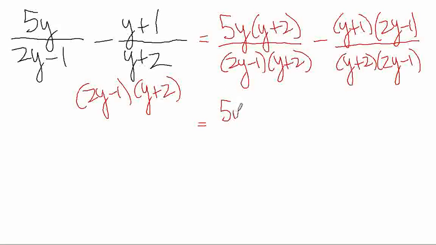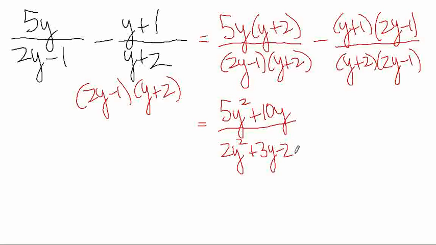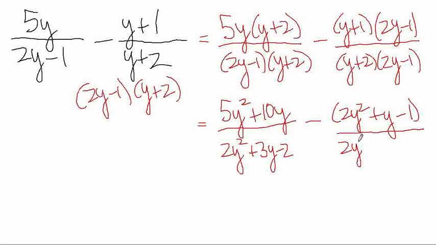So 5y squared plus 10y all over 2y squared plus 3y minus 2, minus (2y squared plus y minus 1) all over 2y squared plus 3y minus 2.